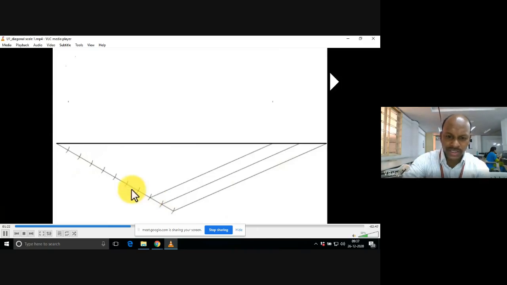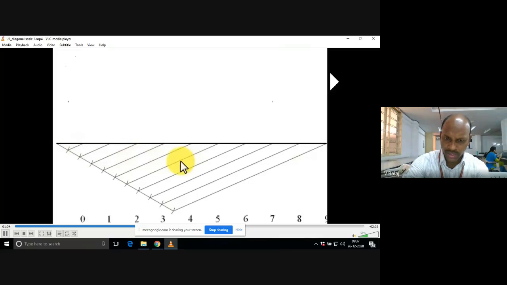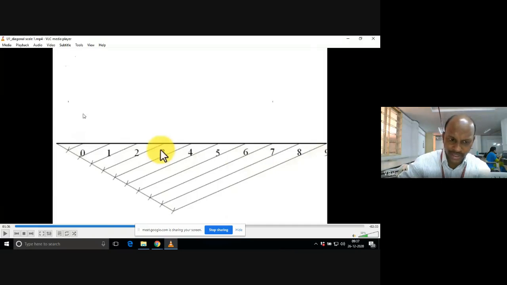After making 10 equal parts, each part will be 1 kilometer. You need to remember that. How many equal arcs do I need to draw? 10 equal arcs. Then you can construct a rectangular box, and leaving the first part, you can name the marks 0, 1, 2, 3 like that. To the right-hand side of the 0 mark, I have 9 parts, 9 kilometers.